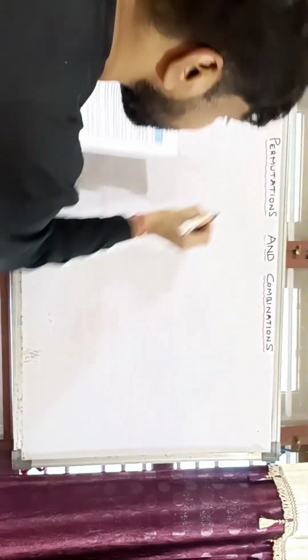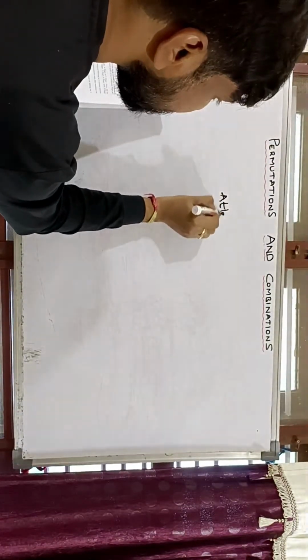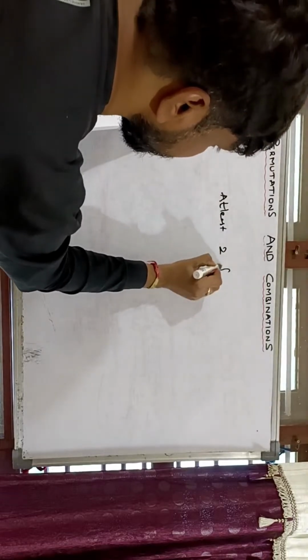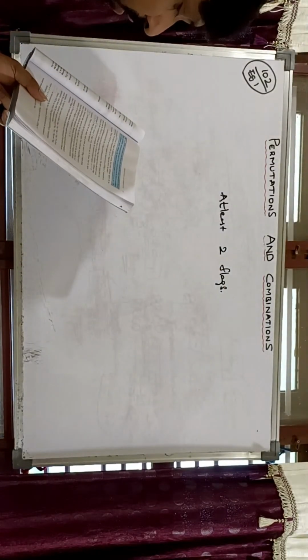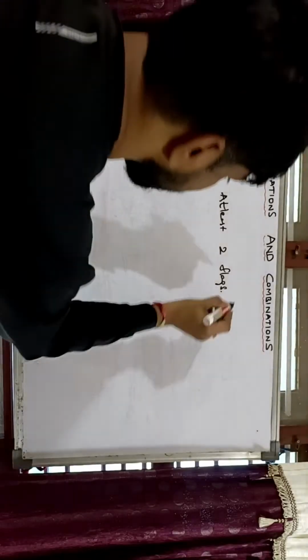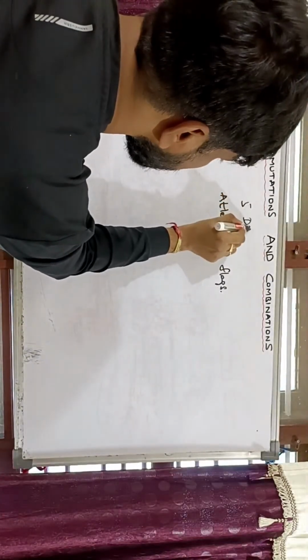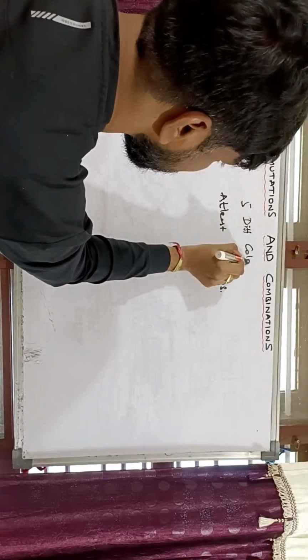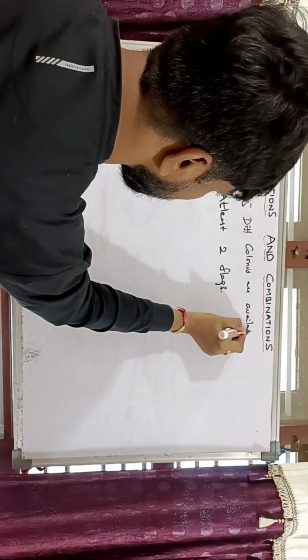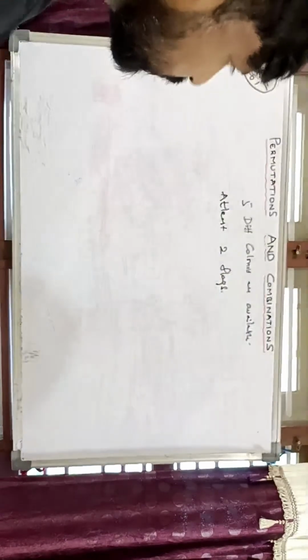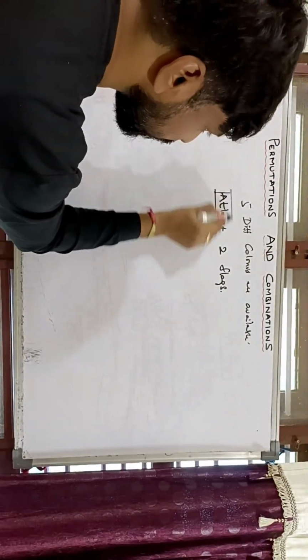I'll repeat the question once again. Find the number of different signals that can be generated by arranging at least 2 flags in order if 5 different colors are available. So at least means what cases are you going to consider?